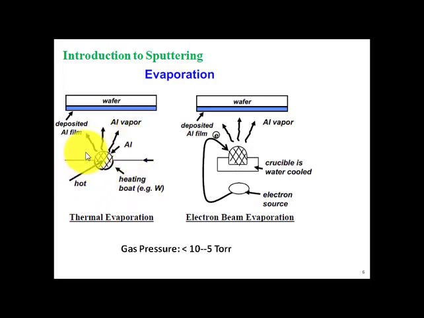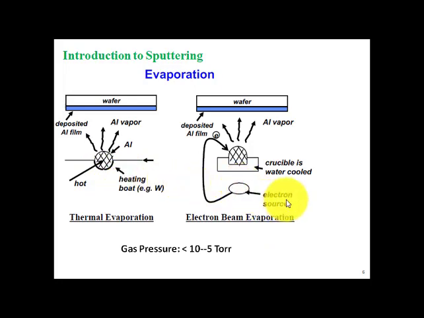So this is hot aluminium metal. On heating, it evaporates. Aluminium vapors come off from this source material, and these vapors are deposited on the surface of the wafer. Wafer is a substrate here. So this is thermal evaporation. On the other hand, in the electron beam evaporation procedure, we are not using a heating mantle or a heating source.